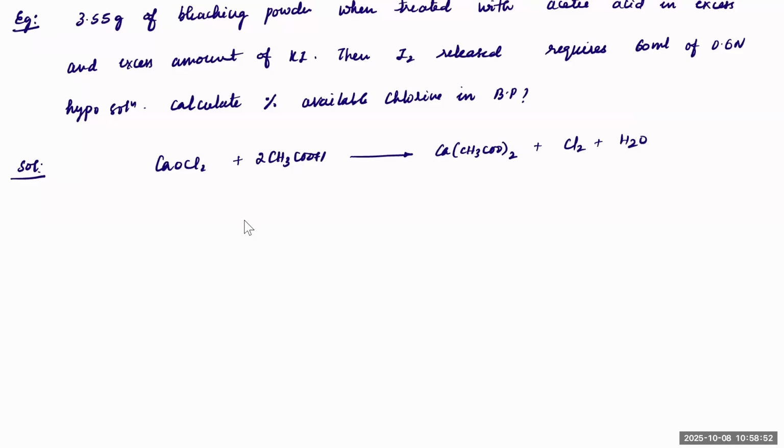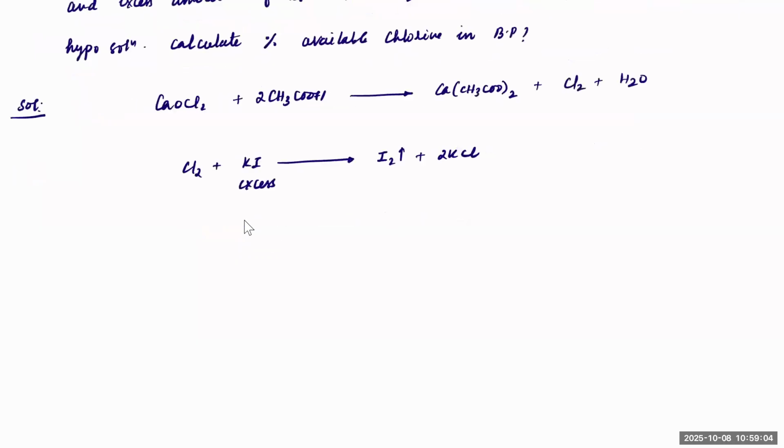Now, the released chlorine, when you react with excess amount of KI, that will oxidize this into I2 plus 2 moles of KCl. Understood?